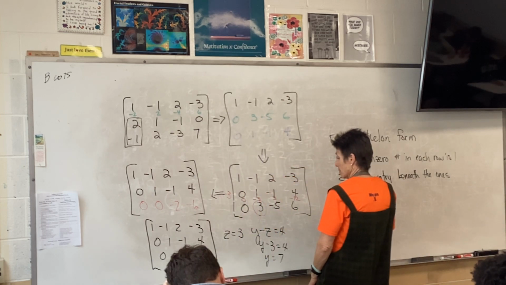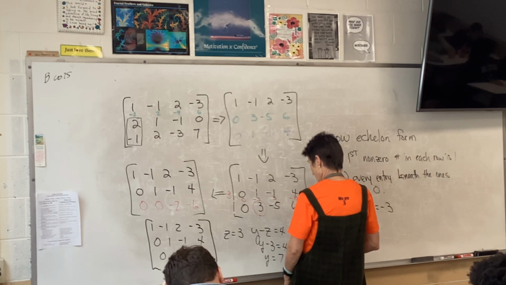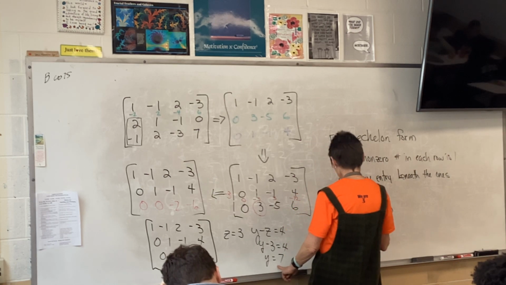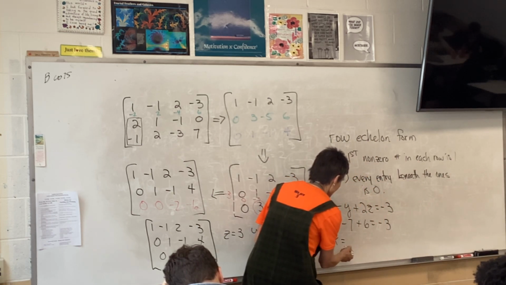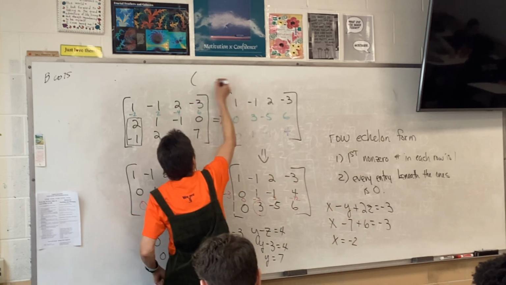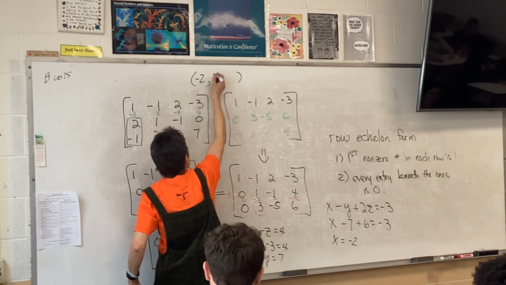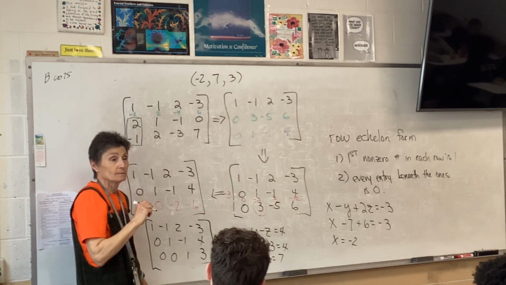X minus Y plus 2Z equals -3. So X minus 7 plus 6 equals -3. So what does X equal? -2. So your answer is -2, 7, 3.